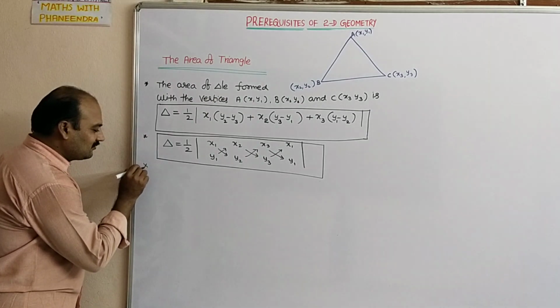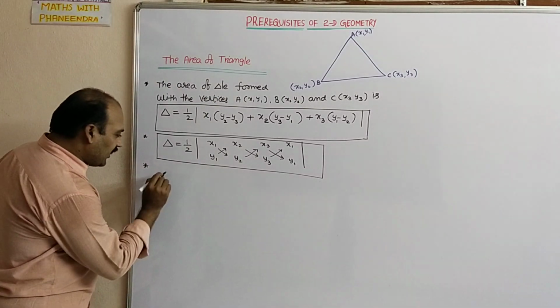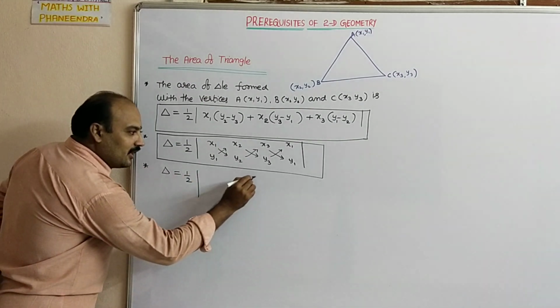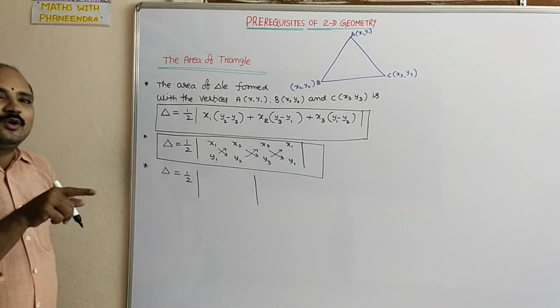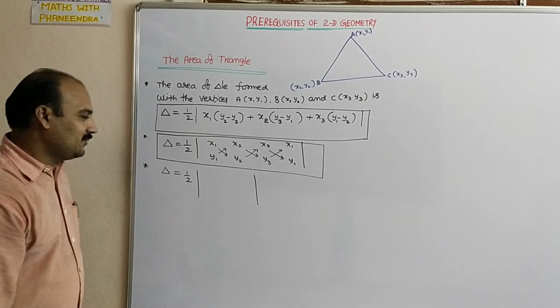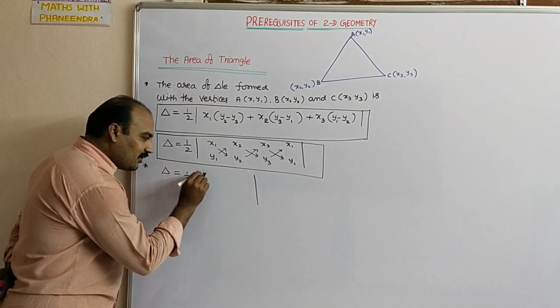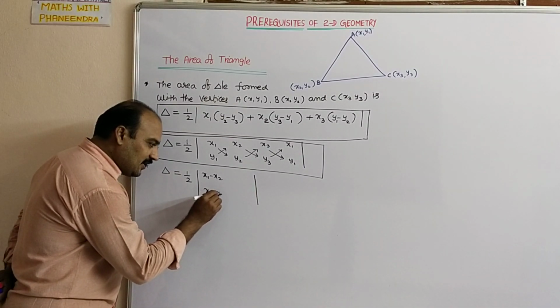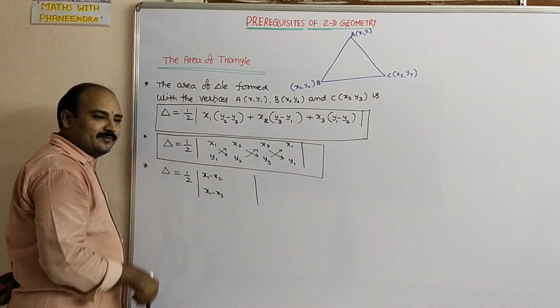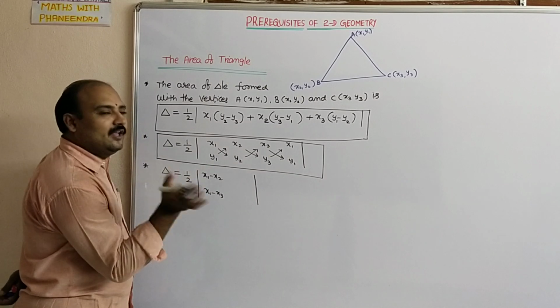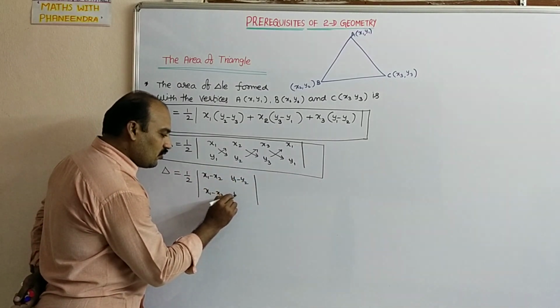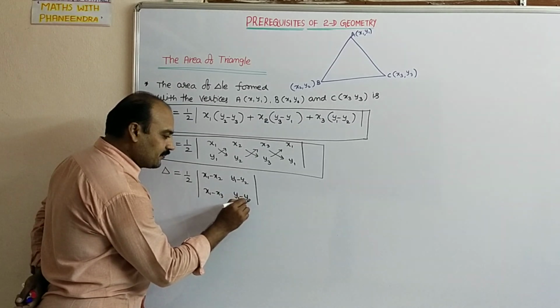Another formula, delta equal to half into, in 2 by 2 determinant only we are going to do that. x1 minus x2, x1 minus x3, which is in the first column. In the second column, y terms, y1 minus y2, y1 minus y3.